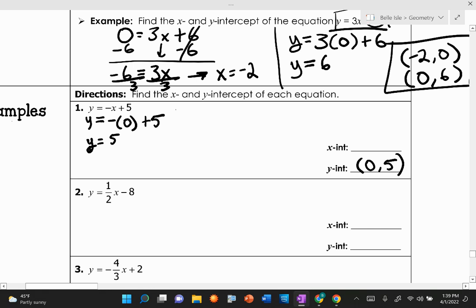Now your x-intercept, you've got y equals -x plus 5. What do we need to plug 0 in for? If we're looking for x, we want to plug it in to y.